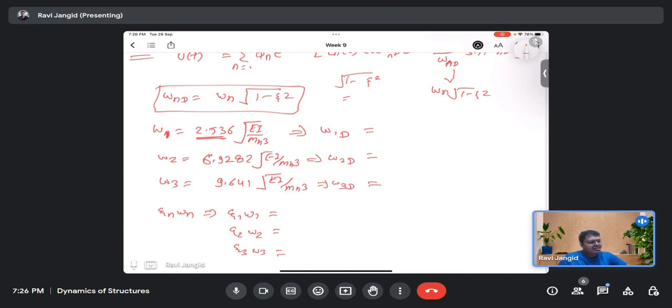That would be 0.998. So if you do 1 minus xi square, that is 0.998. And if you multiply this with all of them, you will be getting 2.53727 EI by mh cube.